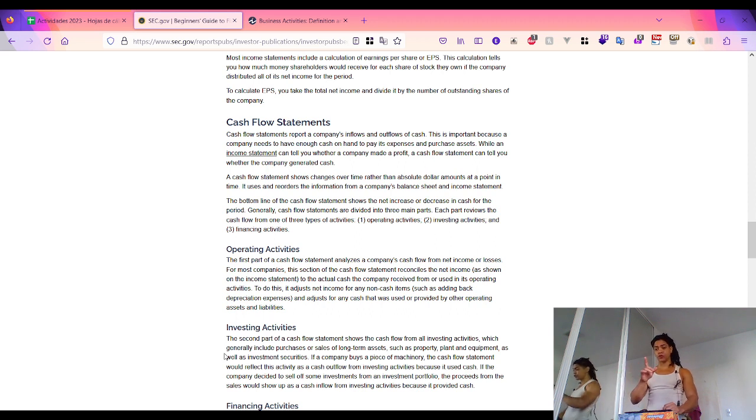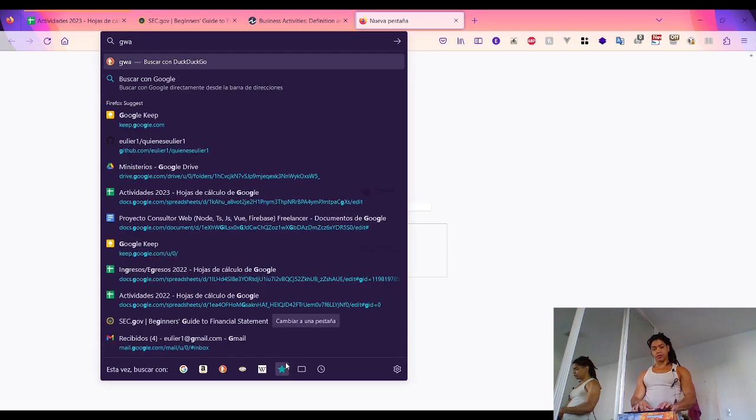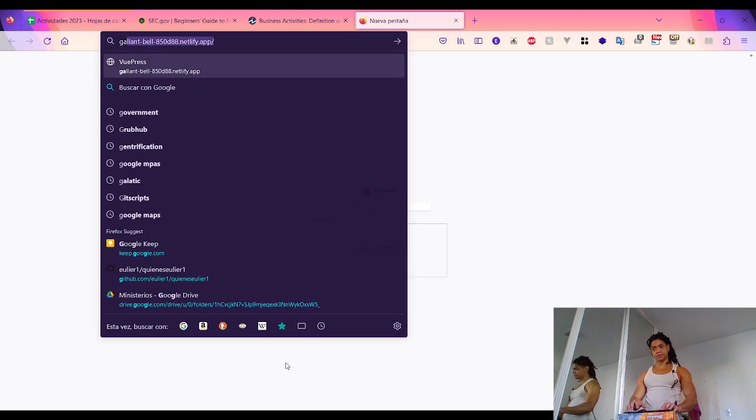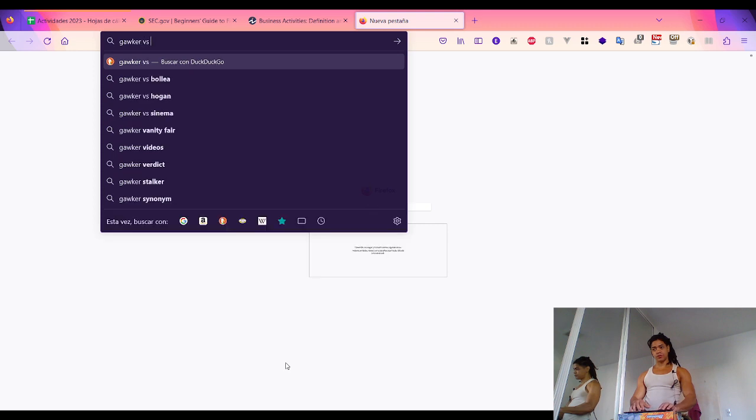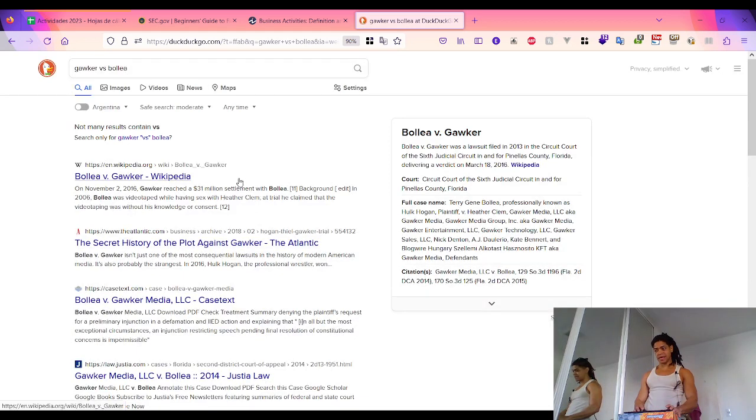Most of the time it is to make a company boost its productivity, or just to lay off a lot of people and fire that company. Perhaps because they're doing things that they shouldn't do. For example, the case of Gawker versus Bollea, which was a very sound case.